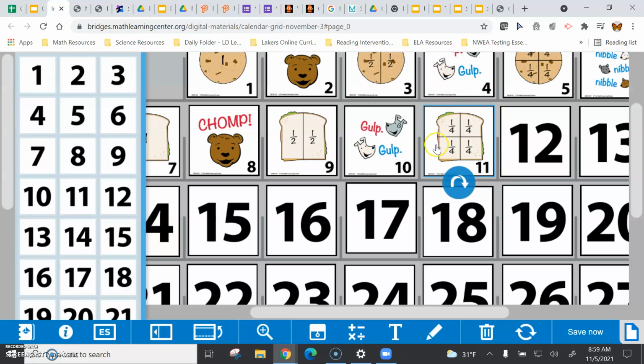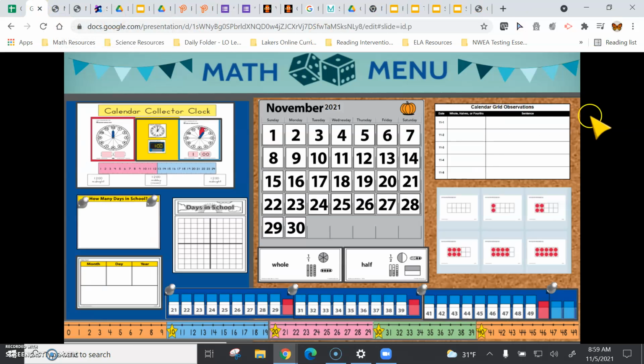It's a whole sandwich cut into 4 parts. One of the 4 parts here, one of the 4 parts here, one of the 4 parts here, and one of the 4 parts here. Very cool. Let's add that to our grid.